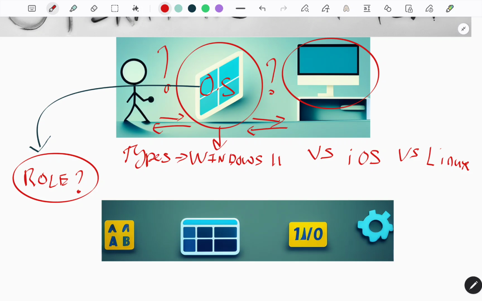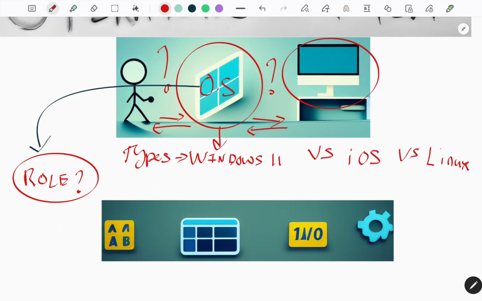The first row over here is the OS, right? We understand that the OS is a central person or something that is between you and the hardware. So the role of the OS in performing this task, the first role is to ensure the... what is the first thing this OS needs to take care of?